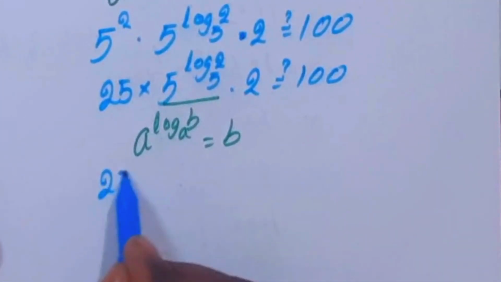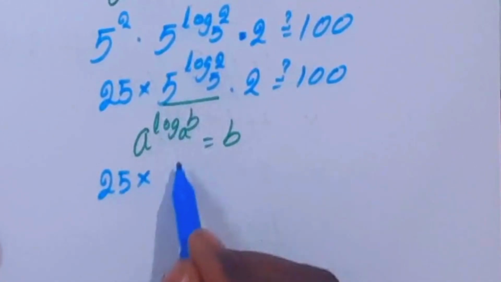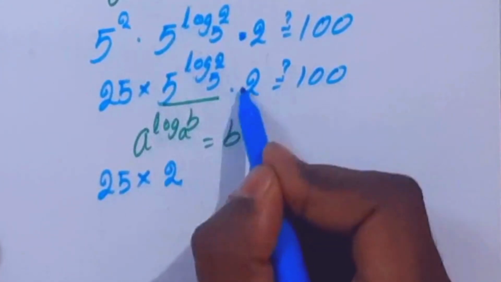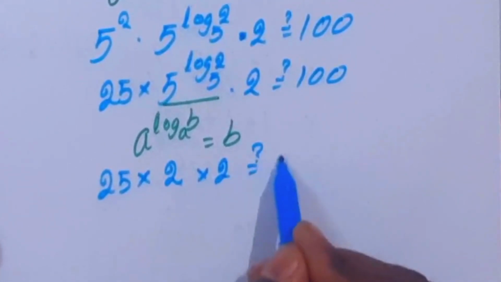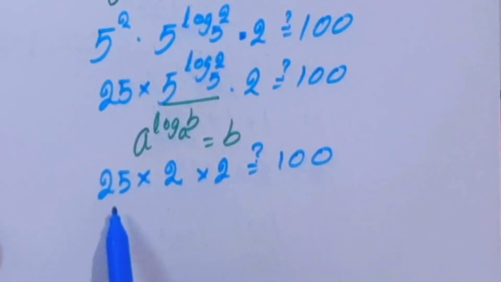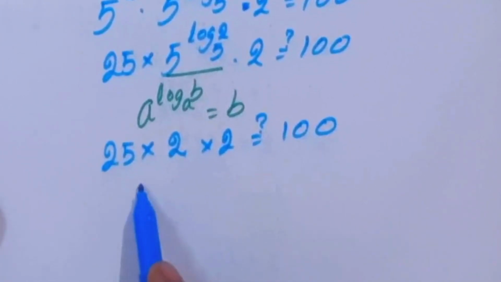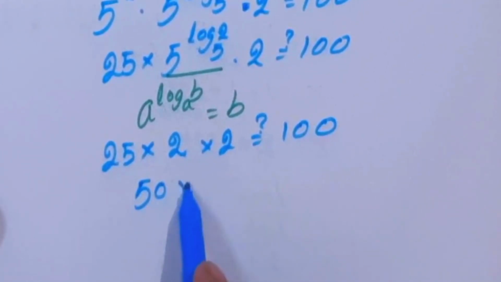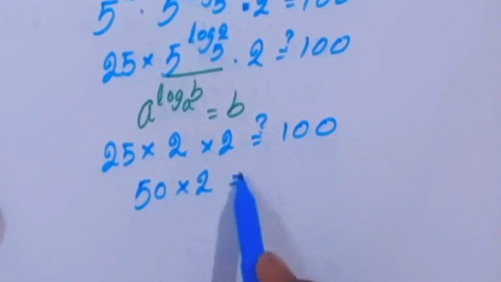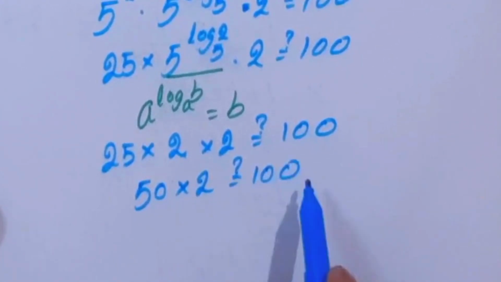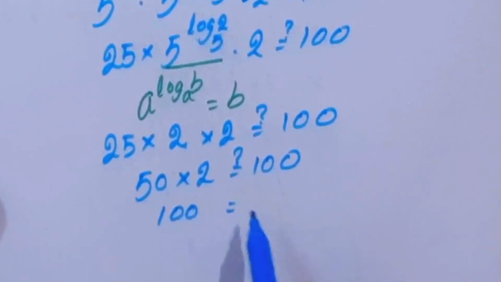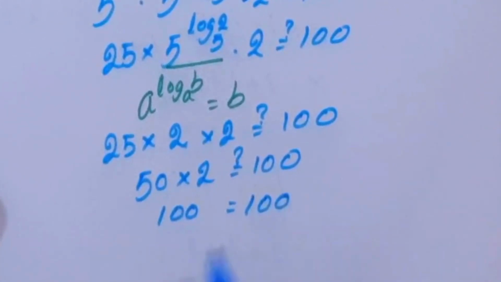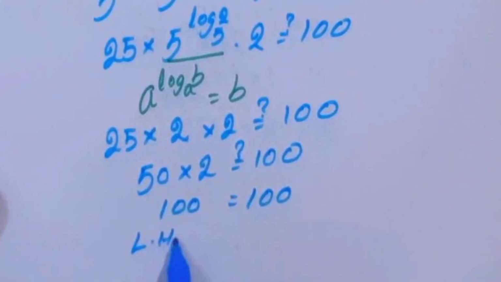So 25 times this is 2, into this 2, equal to 100. Now 25 times 2 is 50, times this 2, equal to 100. So 50 times 2 is 100, equal to 100. Thus LHS equal to RHS.